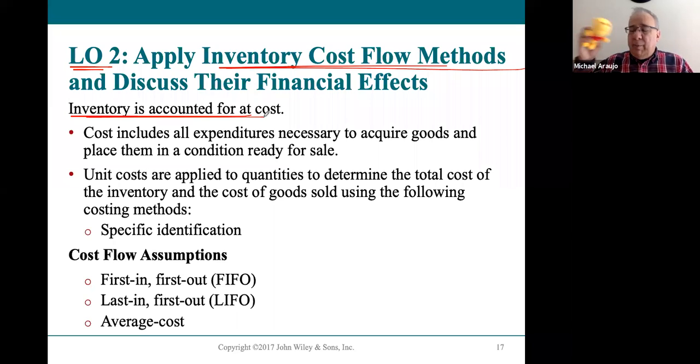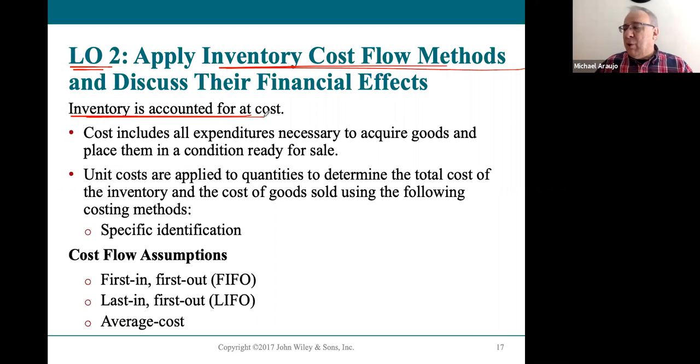So my little Pooh doll might have cost Disney, in the first batch, 50 cents for each Pooh. But then they went and got more batches of Poohs made, and that might have cost 75 cents. Might have cost $1, what have you.